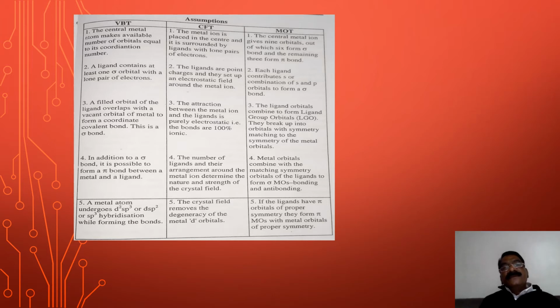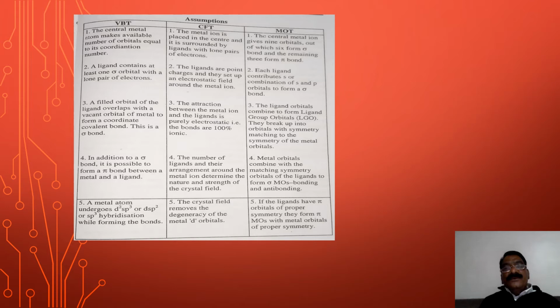MOT. First assumption, the central metal ion gives 9 orbitals, out of which 6 form sigma bonds and the remaining 3 form pi bonds. Second, each ligand contributes s or a combination of s and p orbitals to form a sigma bond. Third, the ligand orbitals combine to form ligand group orbitals, LGOs.